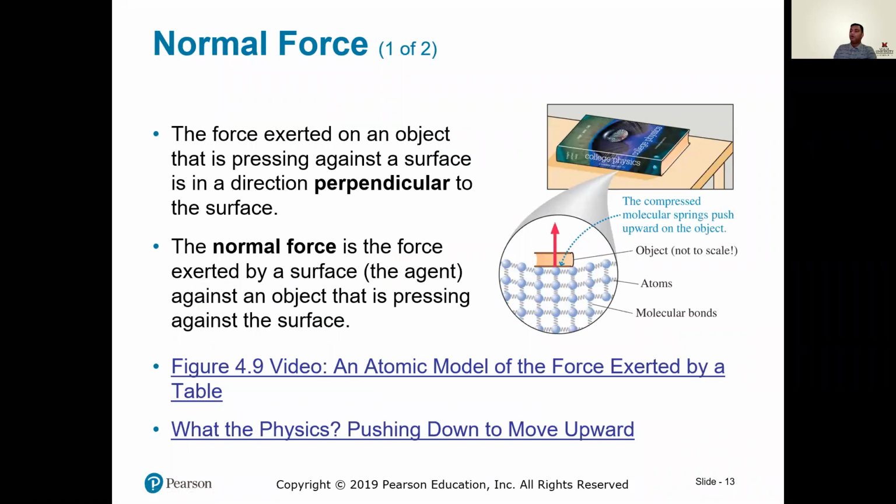Finally, normal force. Actually, we have a couple more to catalog after this, but this is a force we don't put a lot of significance on when solving usual problems where there is no friction involved.